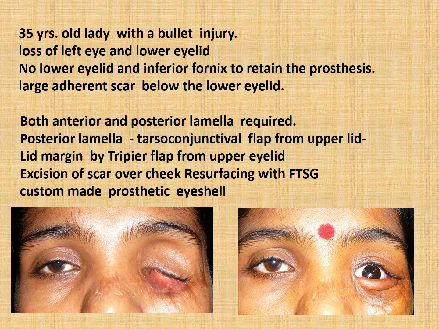Posterior lamella: tarsoconjunctival flap from upper eyelid. Lid margin by Tripier flap from upper eyelid. Excision of scar over the cheek, resurfacing with FTSG. A custom made prosthetic eye shell has been given.